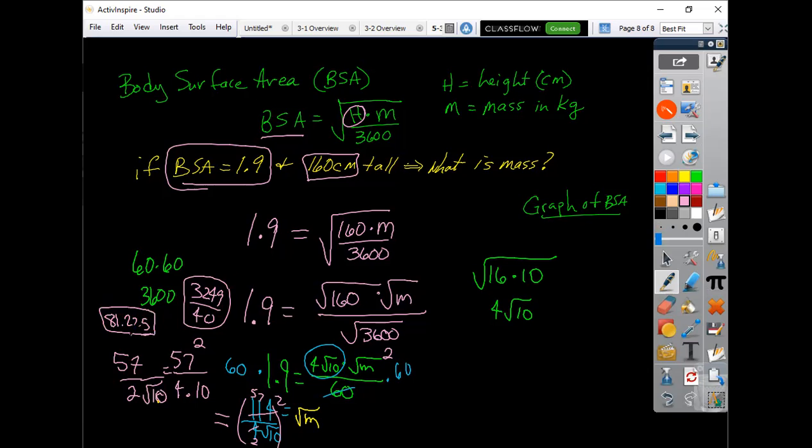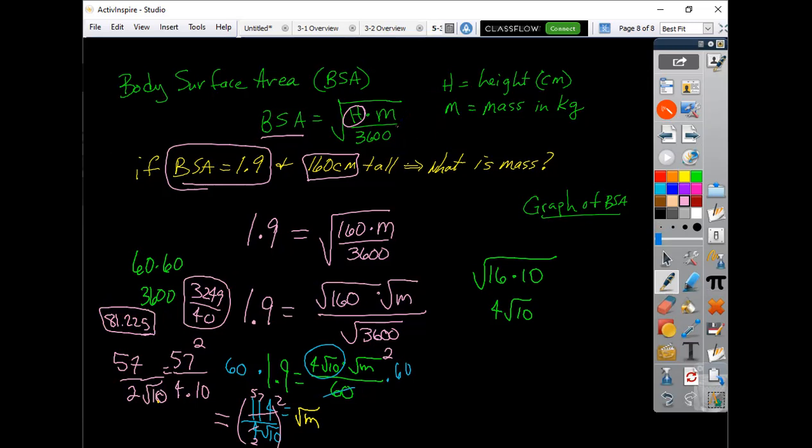Seems like a weird answer again. To where I think I'm going to do that same thing we did on the last one. I'm going to jump over to Desmos and type that in.